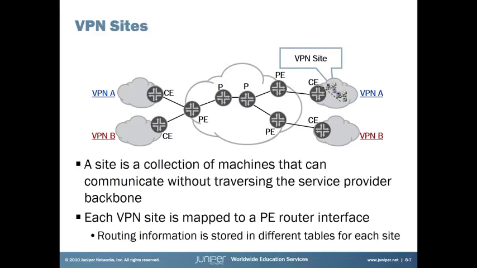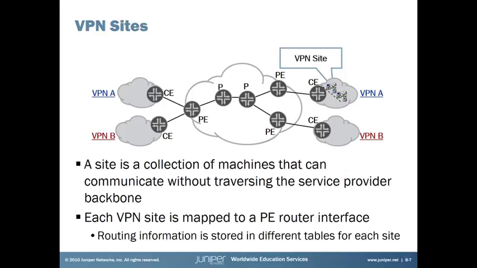So what is a VPN site? It's a collection of machines that can communicate without traversing the provider backbone. In other words, a customer site is its own little administrative domain where the customer looks after their connectivity within that particular site, so it does not require the service provider's domain.